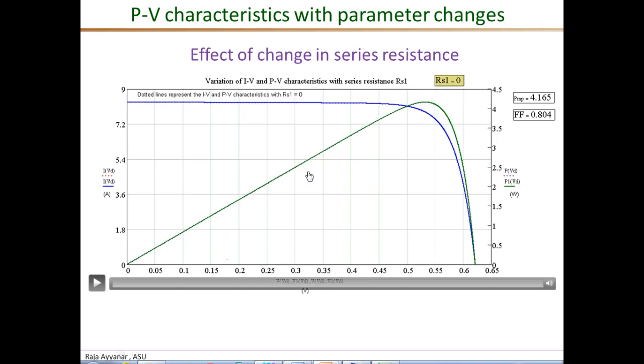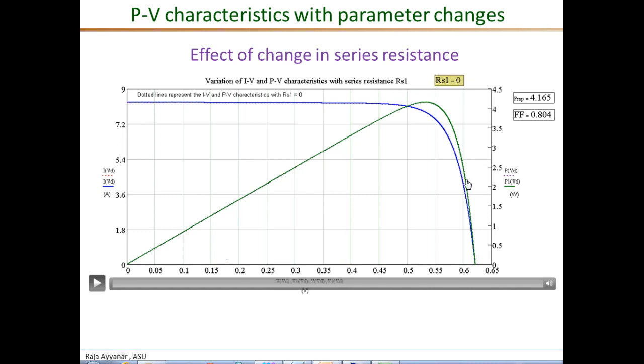And this is the power voltage curve, and this blue is the current voltage curve, IV characteristics. The operating condition corresponds to an irradiance of 1000 watts per square meter, and the corresponding maximum power with zero resistance is shown here. It's 4.16 watts, and the fill factor for this zero resistance case is rather high, it's 0.8.